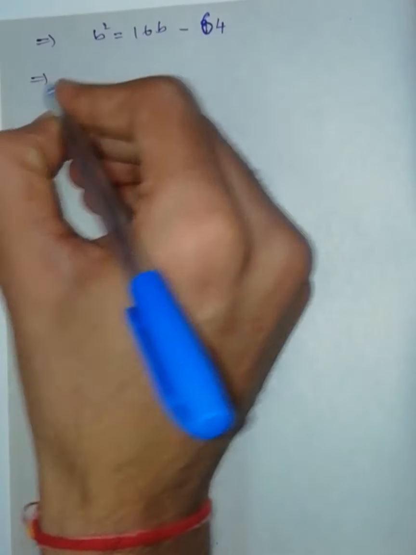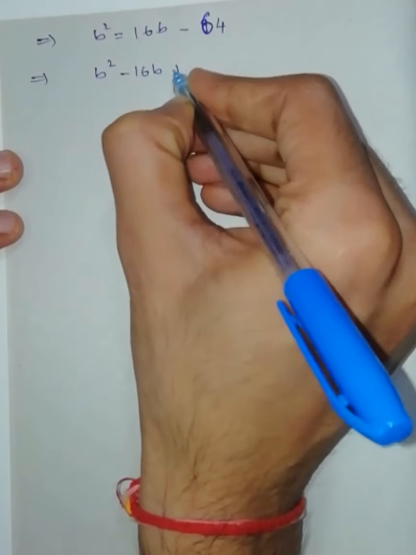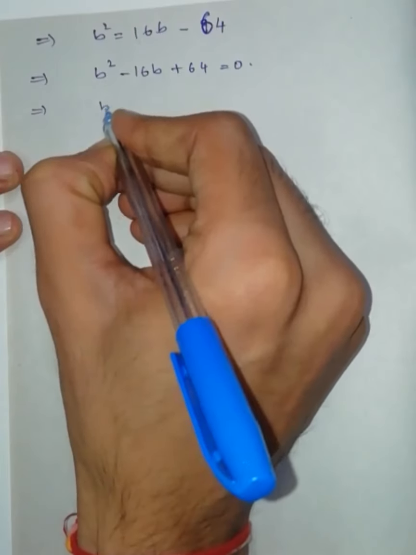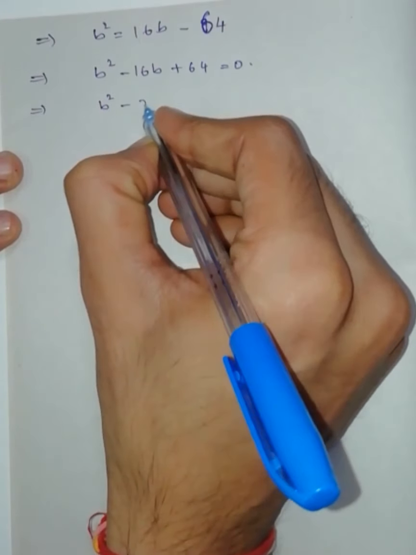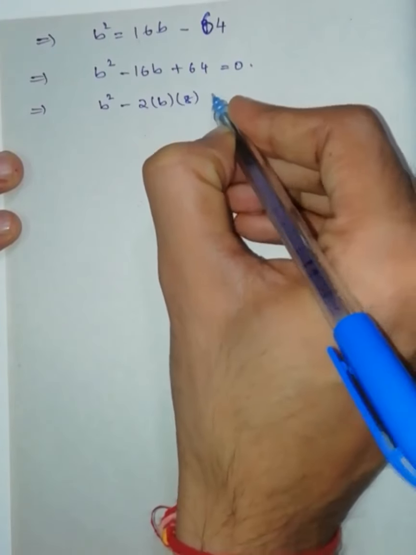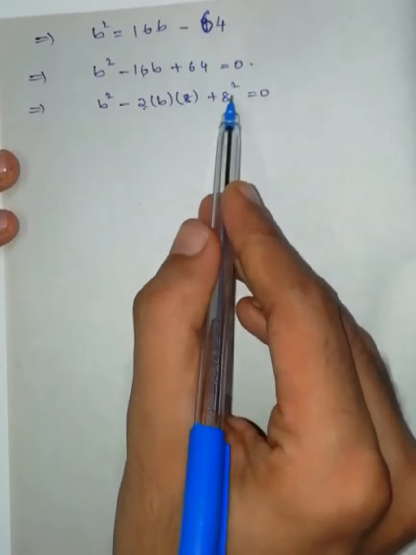This implies, now take all terms to one side, b square minus 16b plus 64 is equal to 0. This implies b square minus 2 into b into 8 plus 8 square is equal to 0. 2 8s are 16, 8 square is 64.